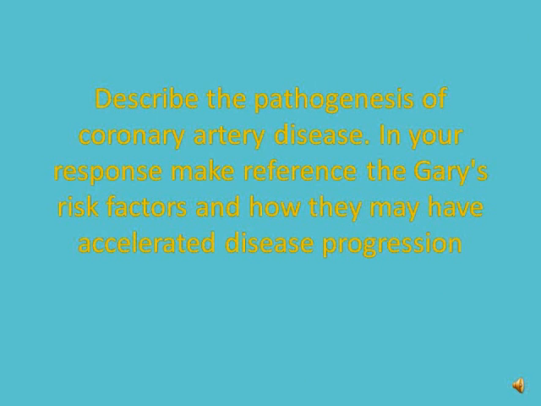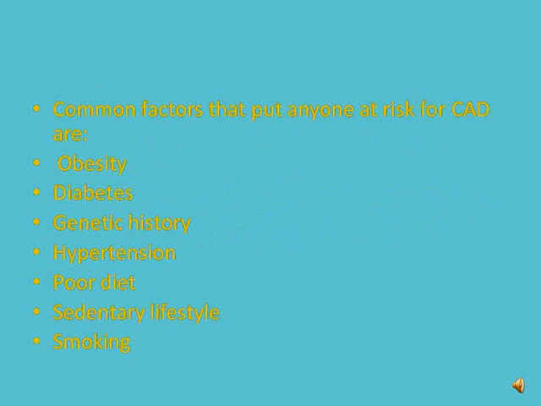Second question: describe the pathogenesis of coronary artery disease. In your response, make reference to Gary's risk factors and how they may have accelerated his disease progression. Common factors that can put anyone at risk for coronary artery disease include obesity, diabetes, a positive genetic family history, hypertension, poor diet, sedentary lifestyle, and smoking.